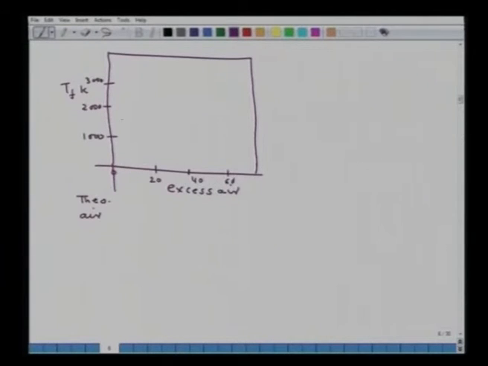For 0 we have around 2319, for 20% say 2034, and for 50% we are measuring somewhere around here. So, this plot could be a slightly straight line or a little bit curved. What it illustrates is that if you increase the excess air, the flame temperature decreases. This is valid for all types of fuel.